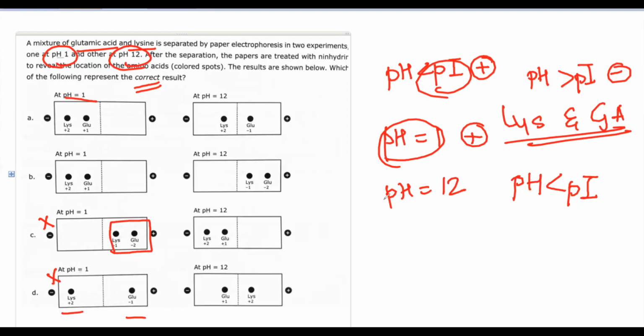Now let's look at the pH 12. Now this is a higher pH and their pIs are definitely going to be lesser than this pH. So pH is greater. Therefore, the amino acids would be negatively charged. Now both the amino acids are negatively charged in this figure. So definitely answer B is the correct option.